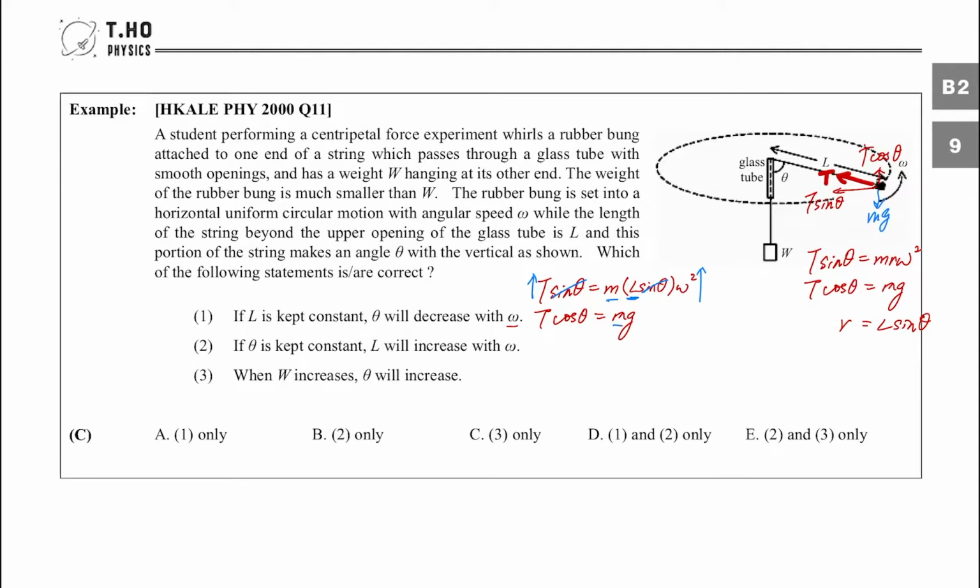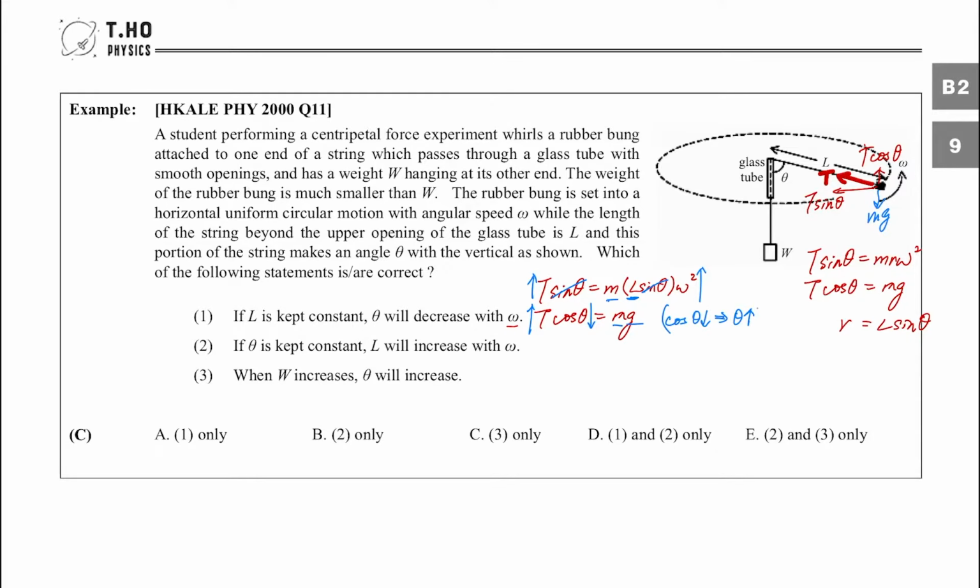If tension is to be increased, let's look at the second equation. m and g, of course, do not change. If tension is increased, cosine theta is decreased.